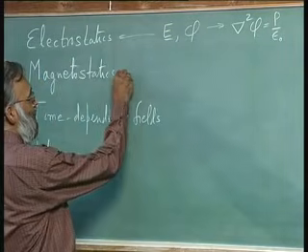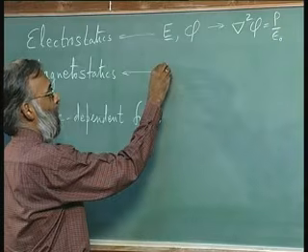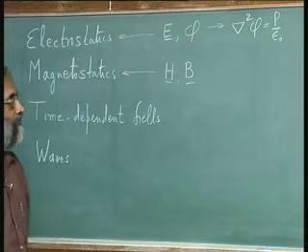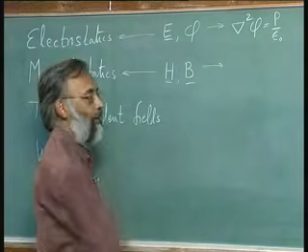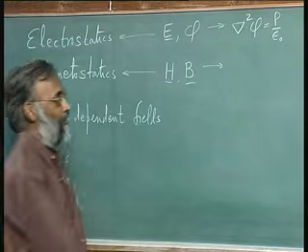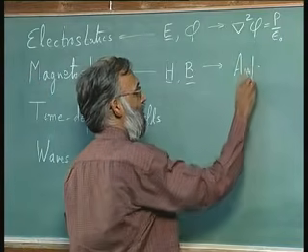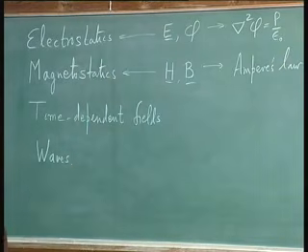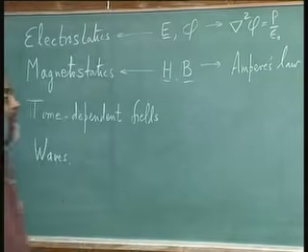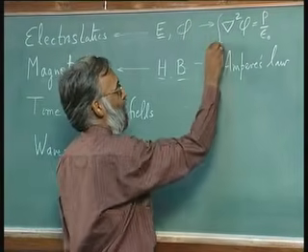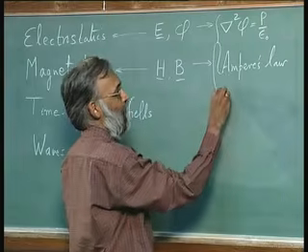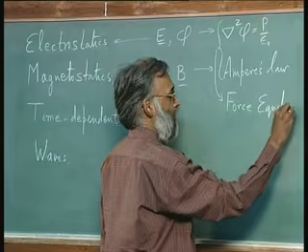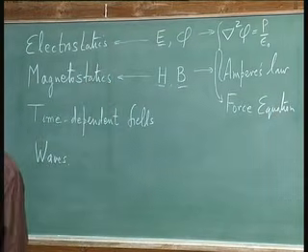The second part has to do with the magnetic field, and we will study how currents produce magnetic fields, that is Ampere's law, and we will also study, combining these two equations, how particles respond to electric and magnetic fields.